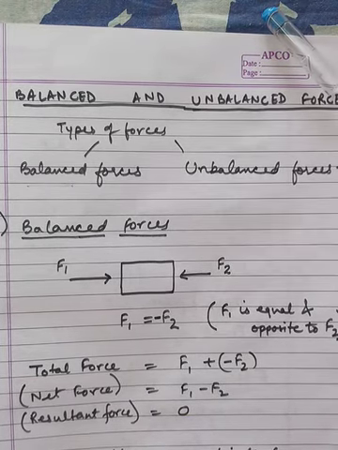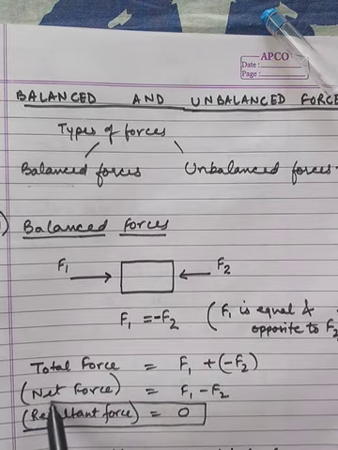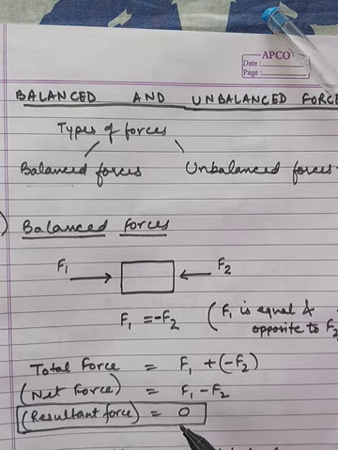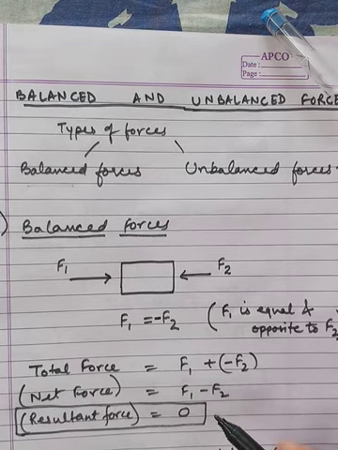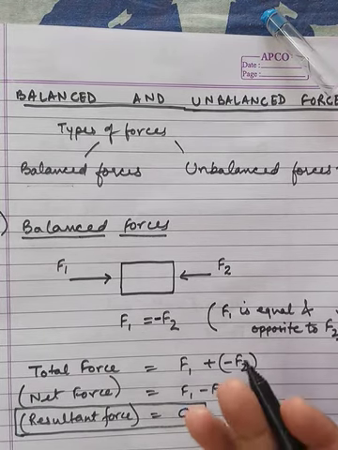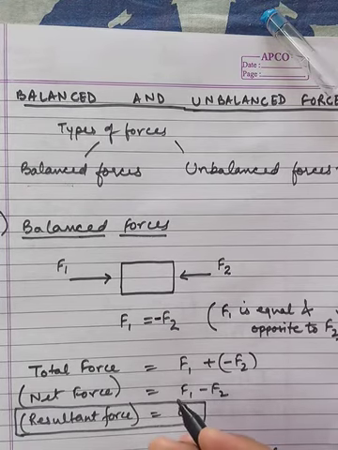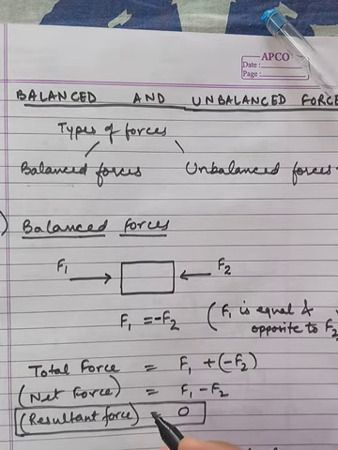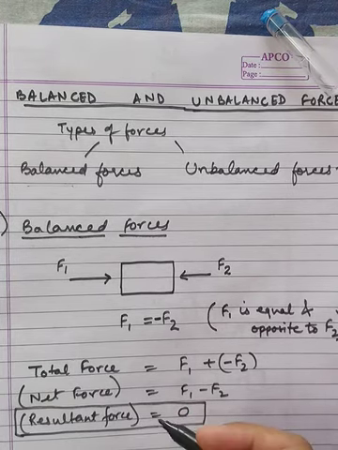So when the resultant force is 0, what does it mean? It means that the forces acting on the object are cancelling each other's effect. How do we define balanced forces now? These forces are defined as: when the net force or resultant force acting on the object is 0, they are called balanced forces.